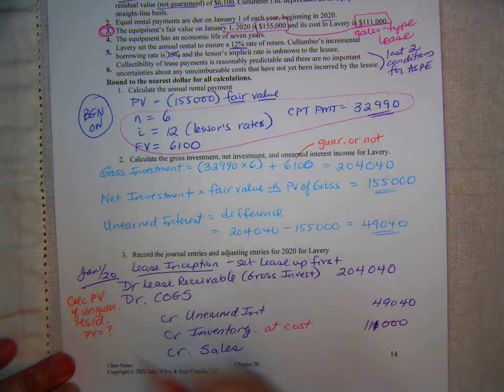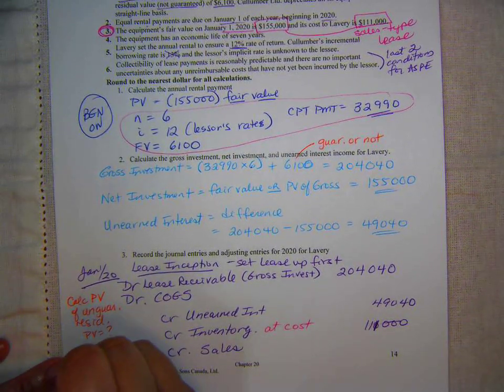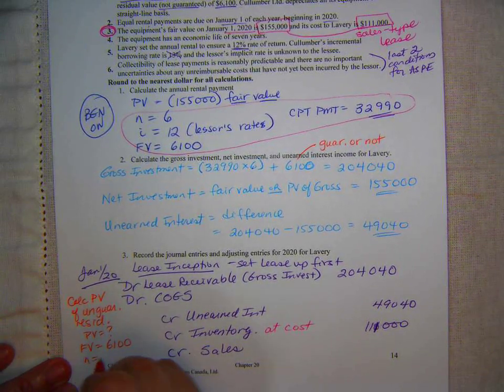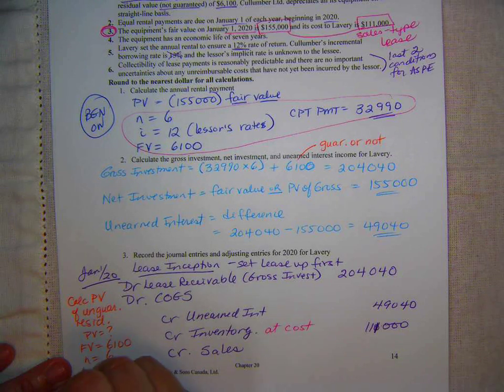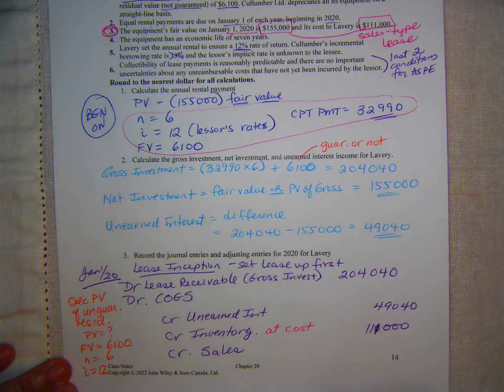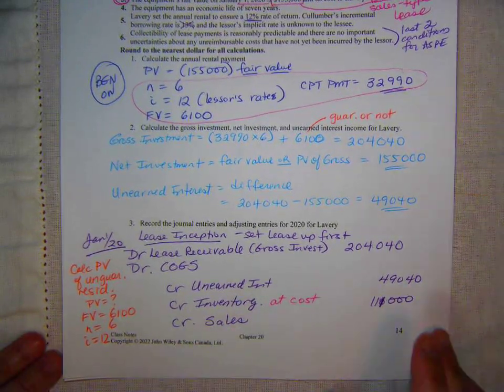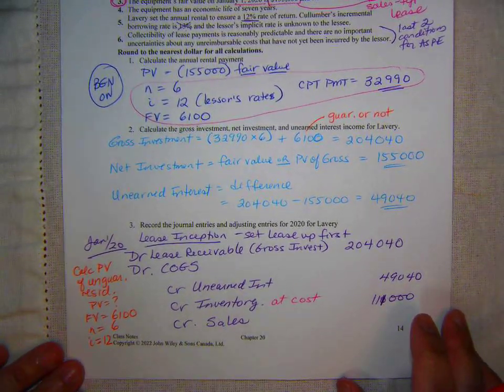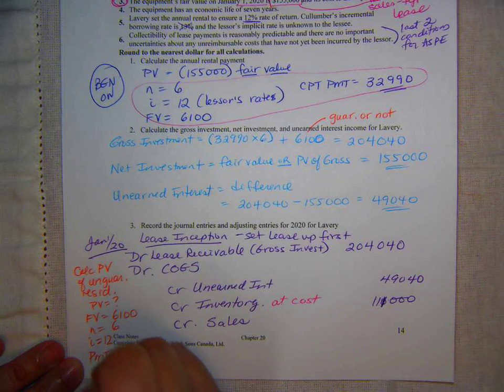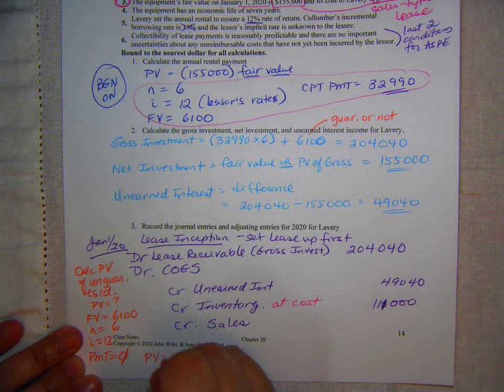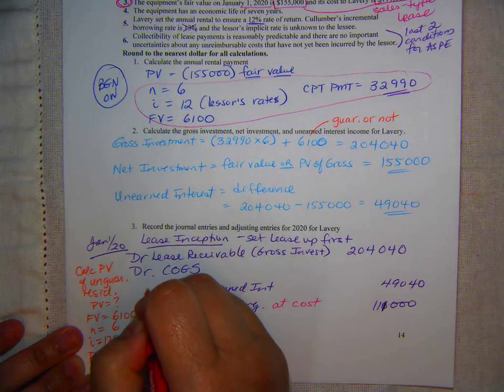So present value equals, we don't know yet. Future value is 6,100. N is 6. I is 12. And we're just bringing it back to time now. And present value equals 390.